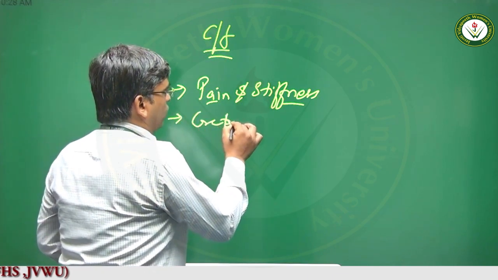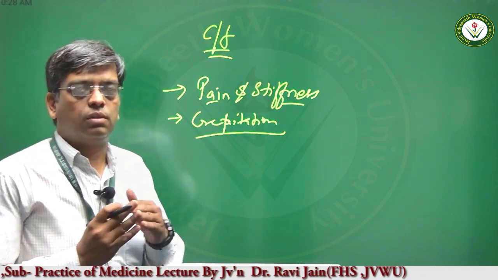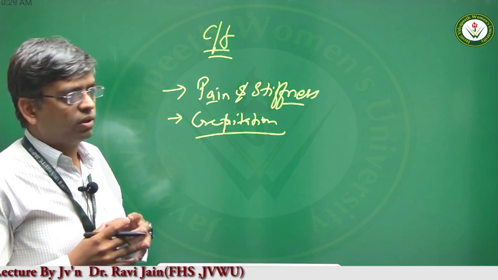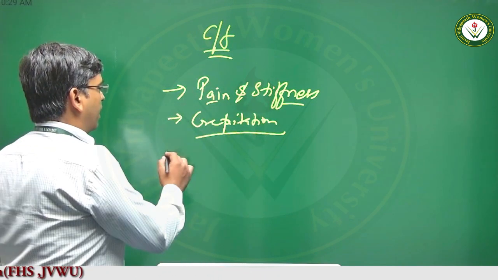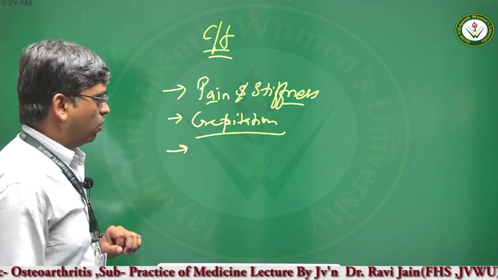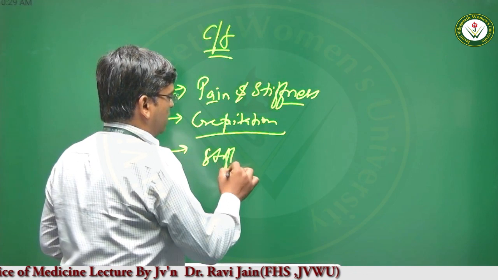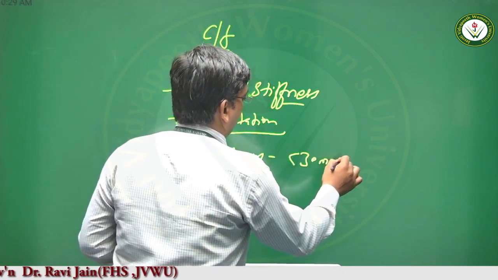Crepitations. What is crepitation? When the joint is moved, it produces a crackling sound, that is known as crepitation. So there is pain, stiffness, and crepitation. This stiffness is for a short duration, usually less than 30 minutes.